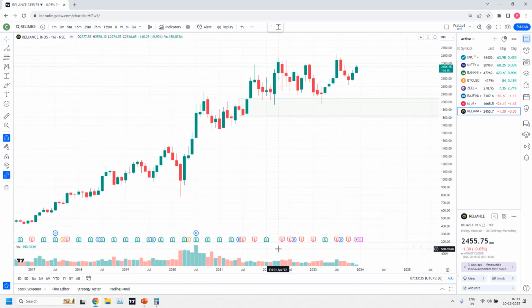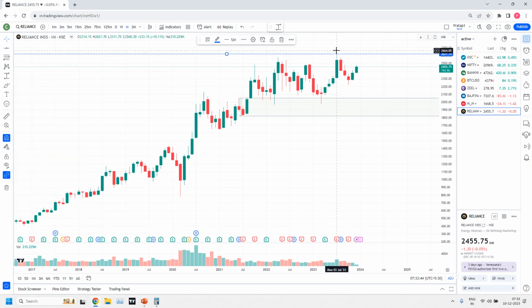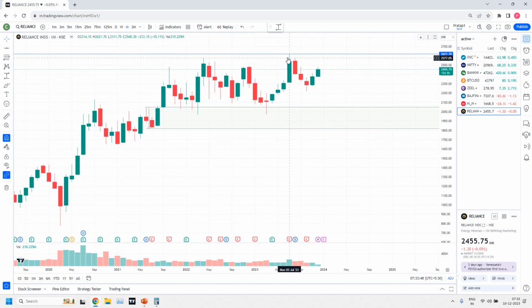Because this is an all-time high stock. Let me draw the horizontal line that marks the all-time high. See, this is an all-time high stock, and the supply is not created properly here.